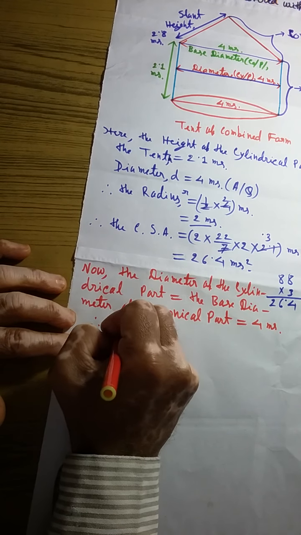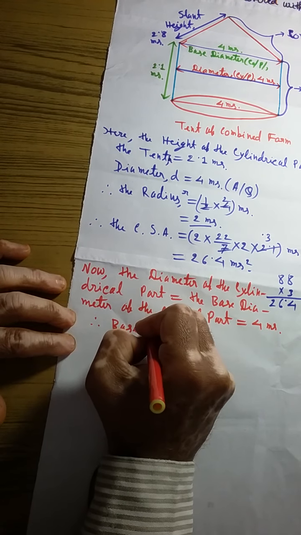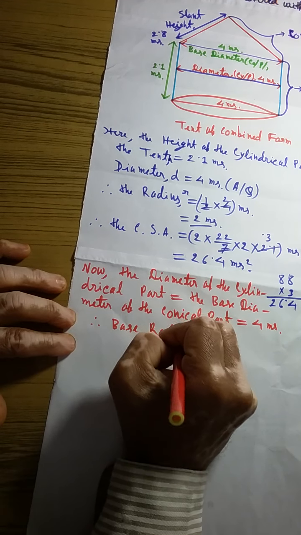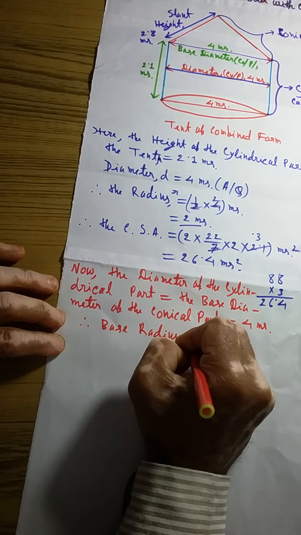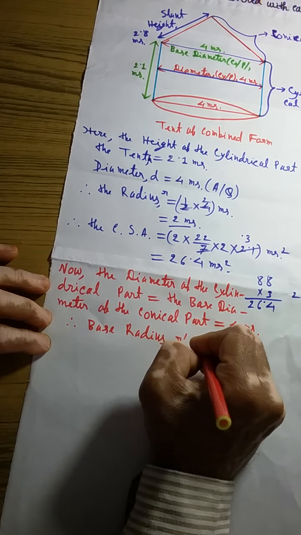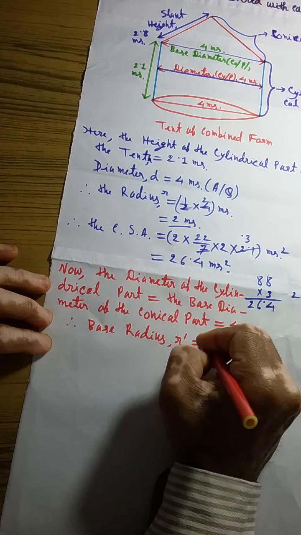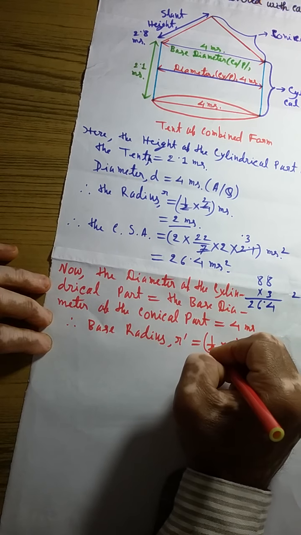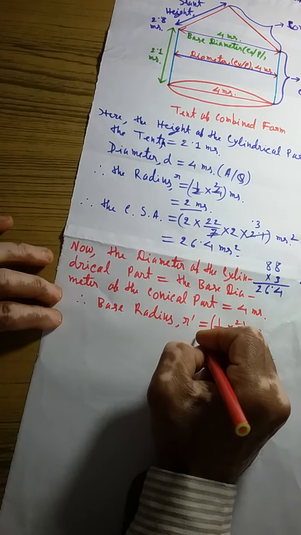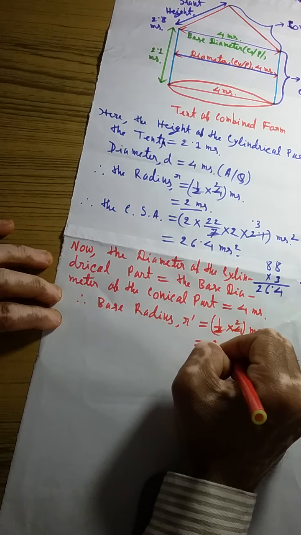Therefore the base radius r dash is equal to half of 4 meters, which will be equal to 2 meters.